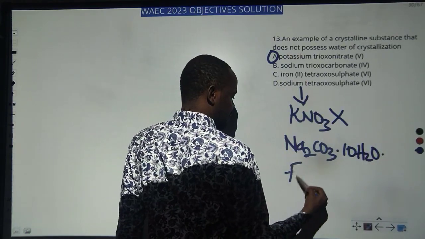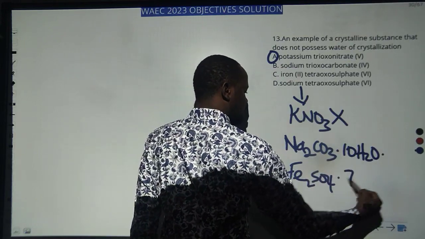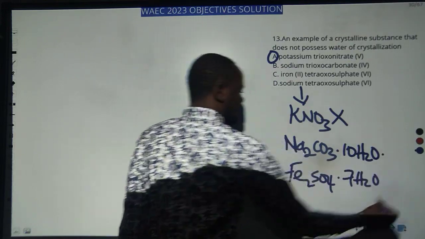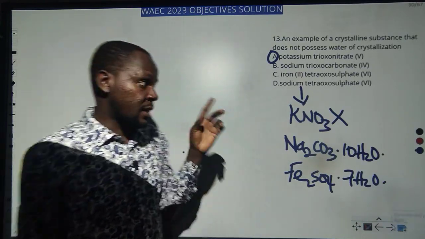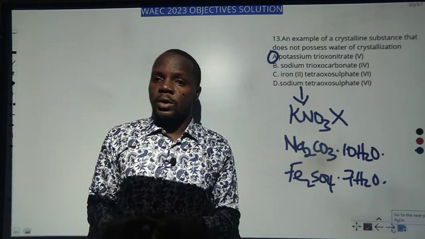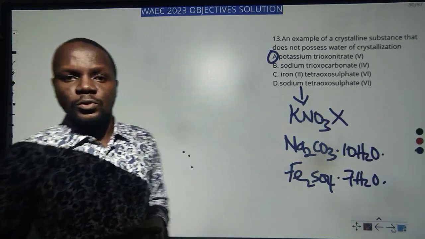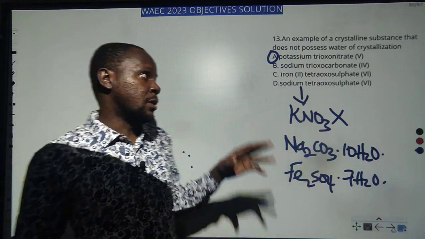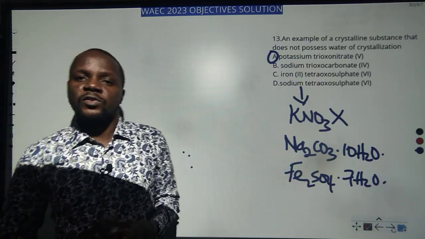Iron(II) sulfate, FeSO4, has 7 moles of water of crystallization in its standard state. And sodium tetraoxosulfate(VI), Na2SO4, also has its own, that's penta, 5, water of crystallization. The only one that doesn't have that is... admin can give us the next question to tackle.